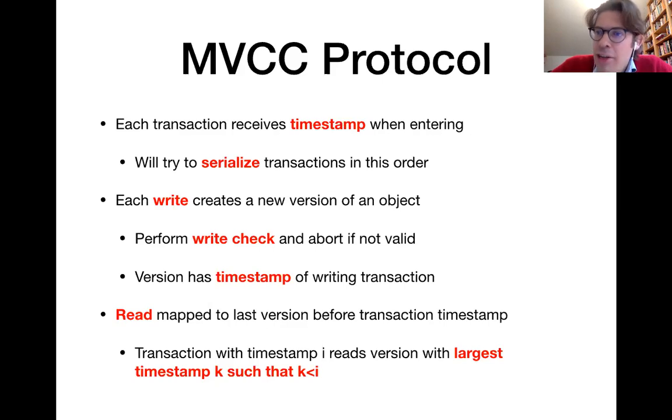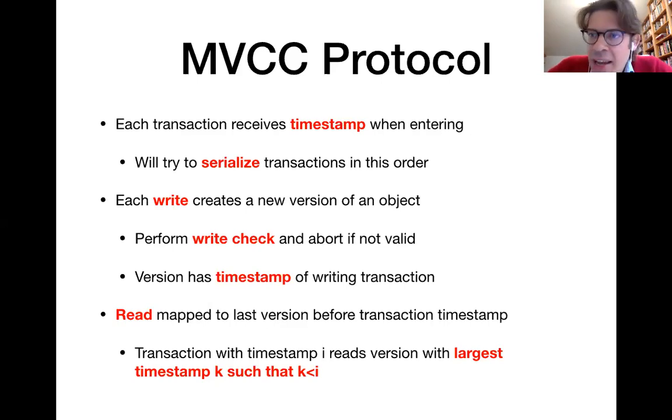The creation timestamp of that version is equal to the timestamp of the transaction, because logically, we want to make everything look as if each transaction had executed atomically at its timestamp. Therefore, if the transaction had really created the object, then it should get the timestamp of the transaction.